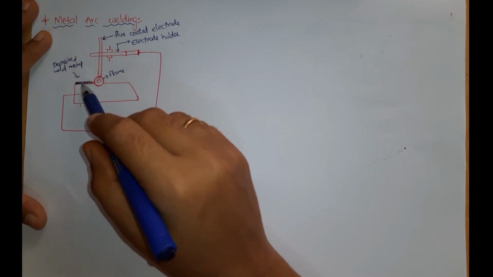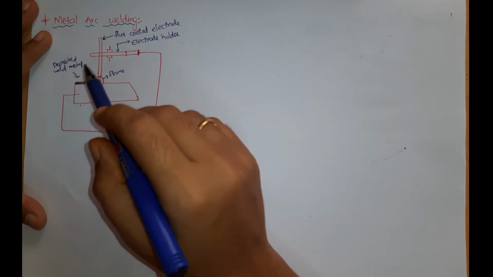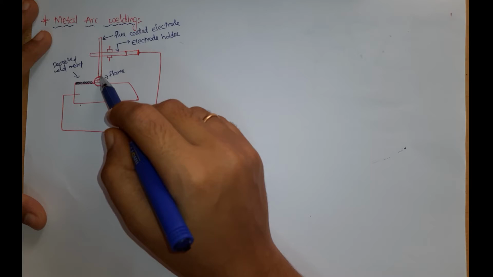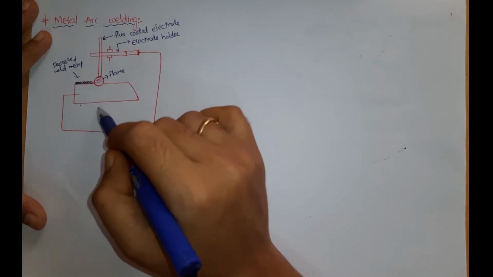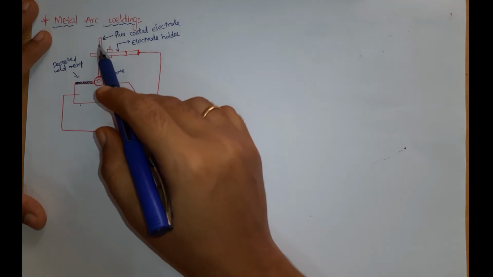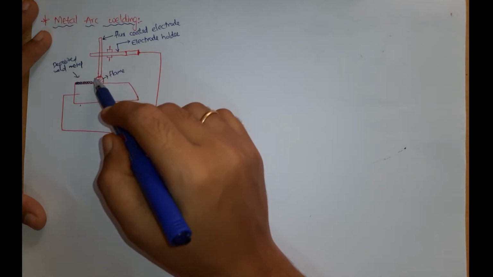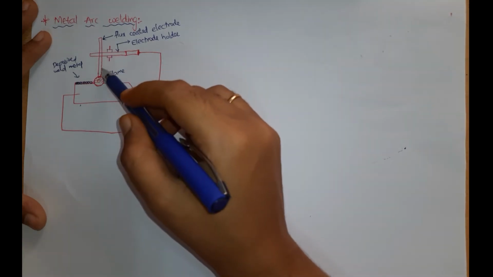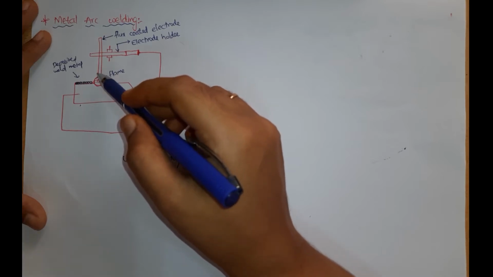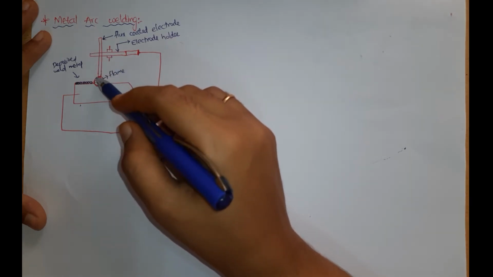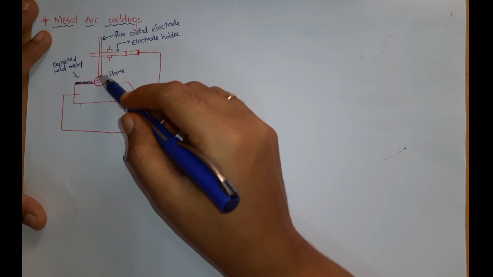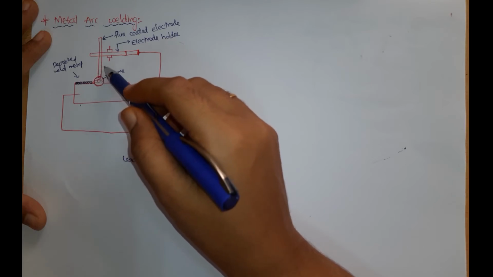In this way, the flux coated electrode acts as a filler material to weld the workpiece. So what is the function of this flux? Due to the heat, or when electricity is passed through this electrode, there might be a chance of oxidation of this metal when it contacts the open air.